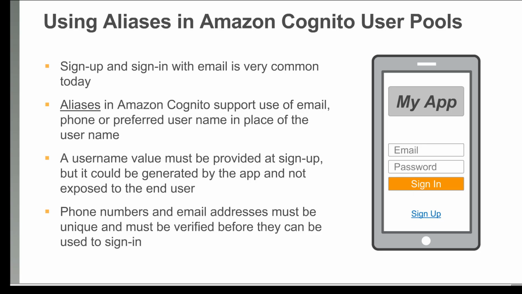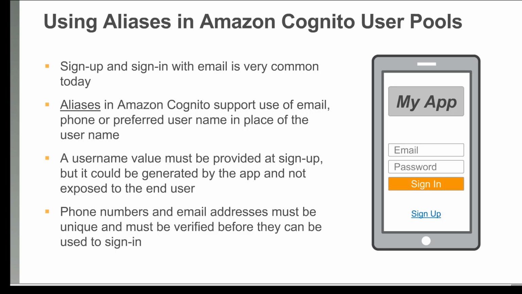I've talked about the concept of aliases. So this allows a user to sign in with something other than their username. So if you want them to sign in, for example, as this illustration shows, with email and password, you can use email as an alias. It's important to understand that an email or alias is only usable once a user verifies that destination.